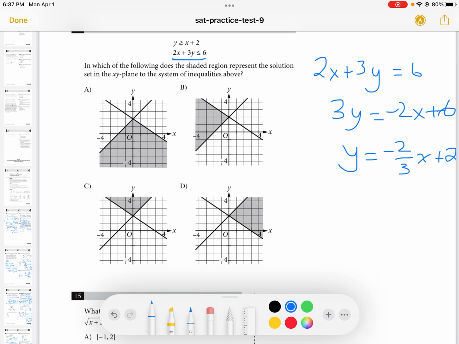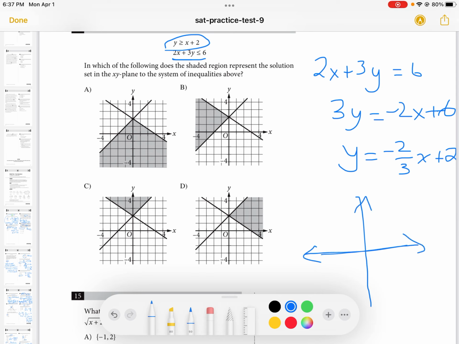Okay. Now we just need to find the solution set for each inequality and find the correct region that overlaps, basically. So we can go ahead and shade in the solution set to the first inequality. I'm going to draw a sample graph.